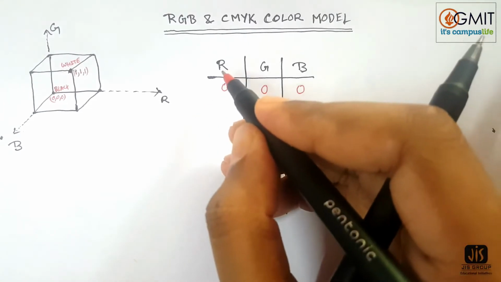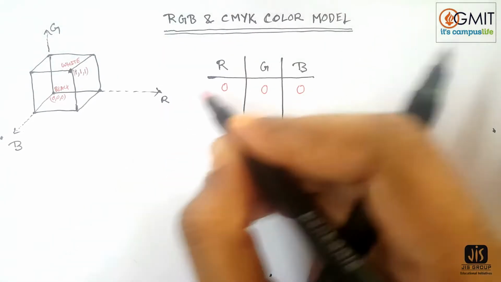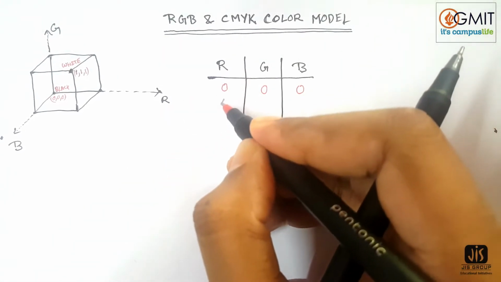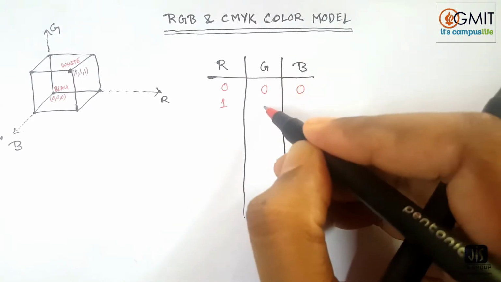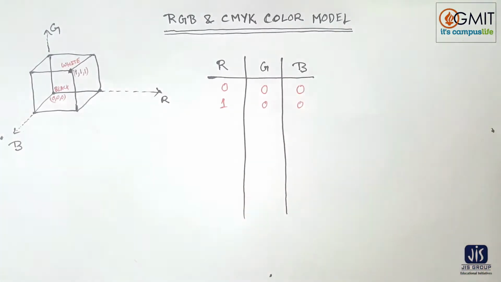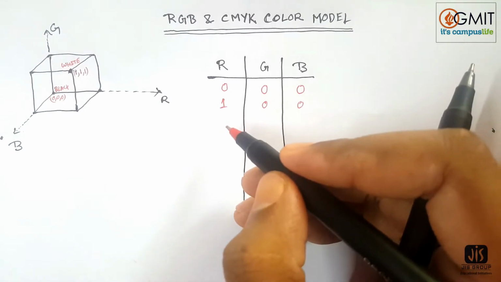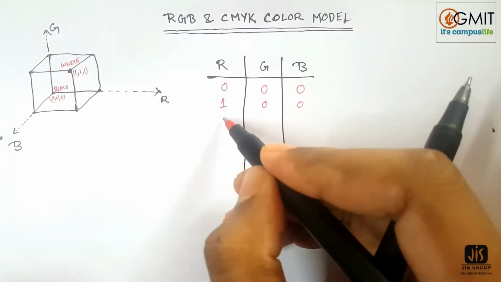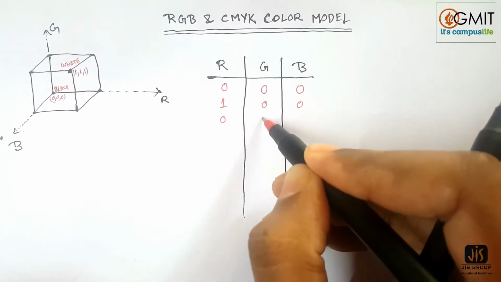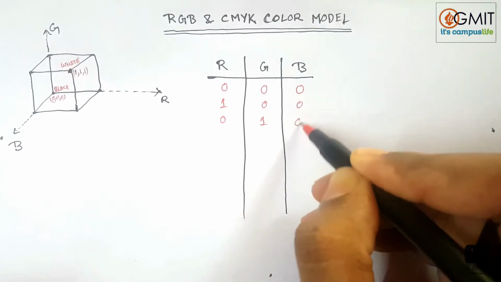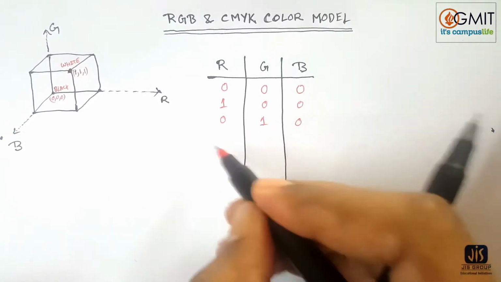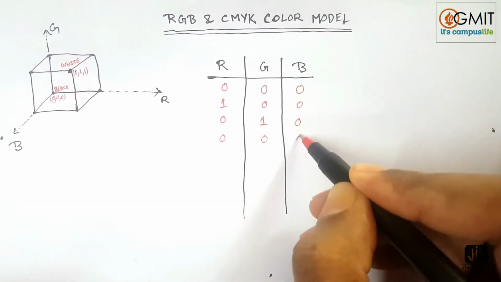Suppose I want to show only red color. Okay, then red must be on, means 1, and green and blue must be off. Clear? Now suppose I want to show green color. That means red should be off, this is on and this is off. And for blue color, yes or no?